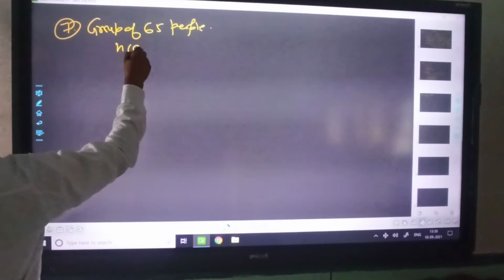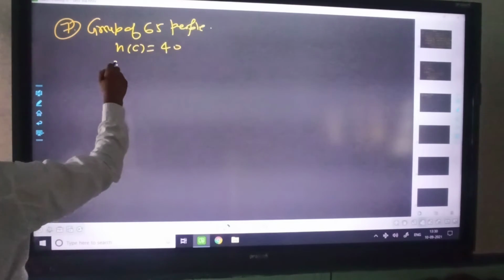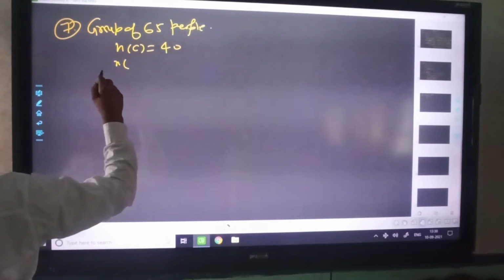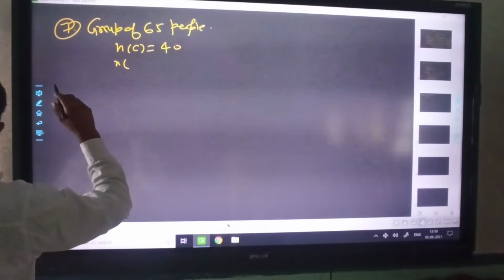Question number 7. In a group of 65 people, 40 like cricket, n(C) is 40. 10 like both cricket and tennis.